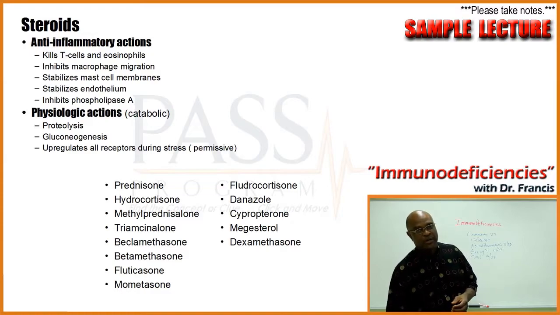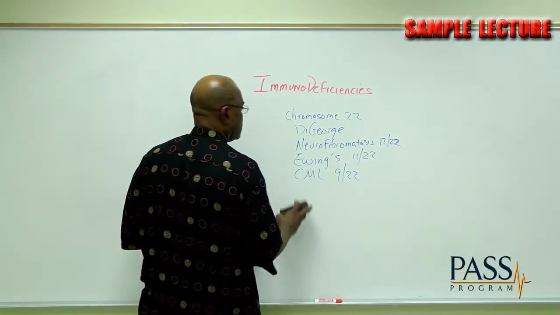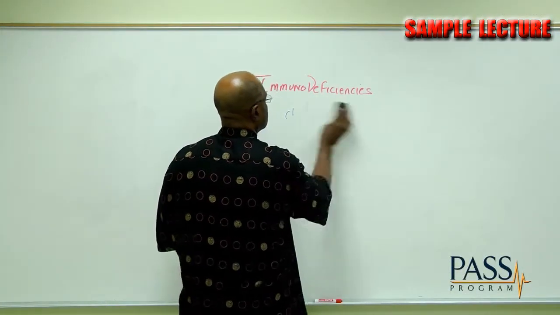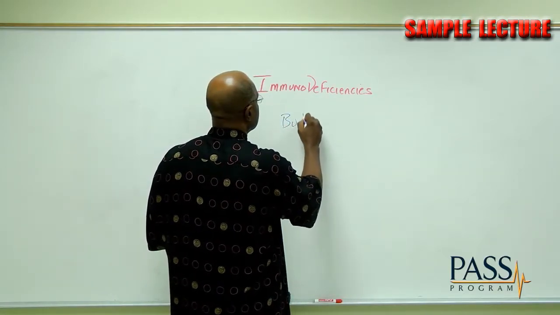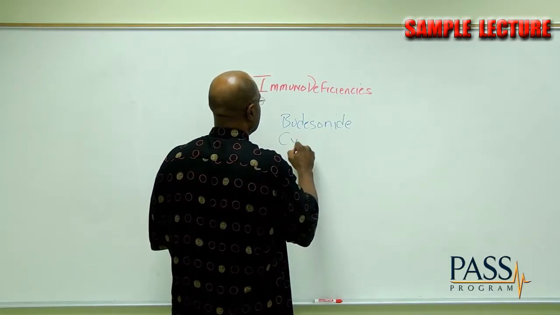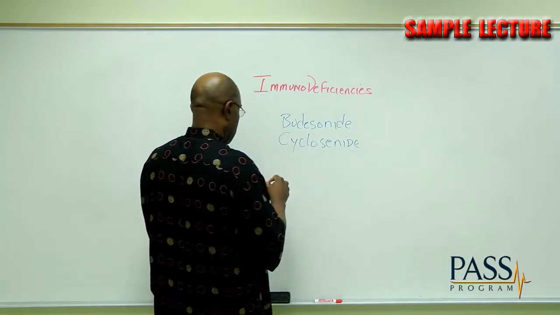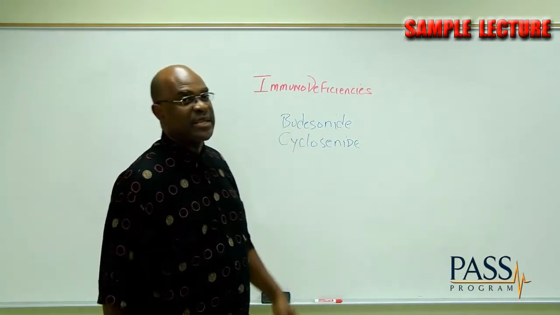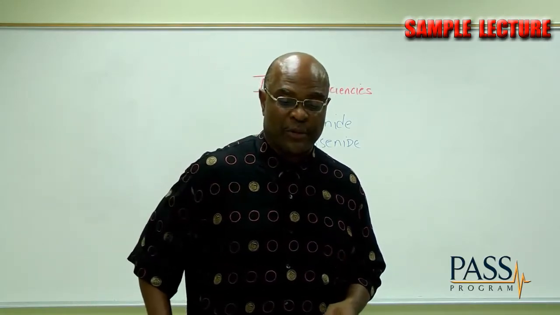The smallest particles, that means they go all the way down to the smaller airways of a child. So budesonide and ciclesonide are used a lot in children because of their small particles.